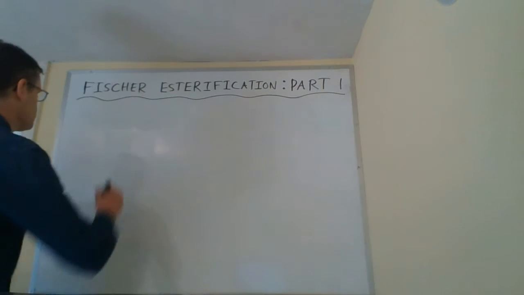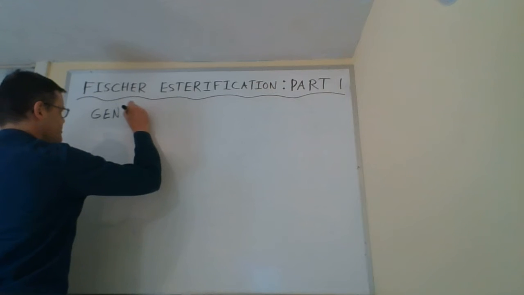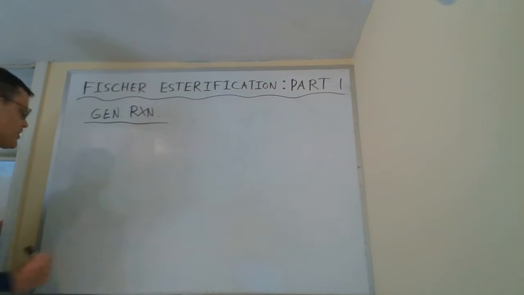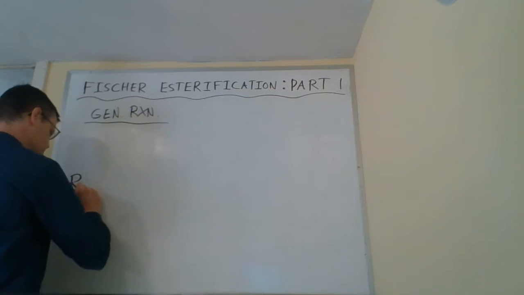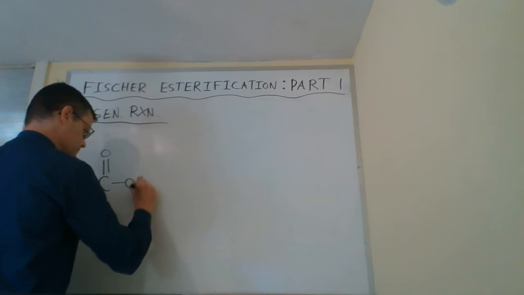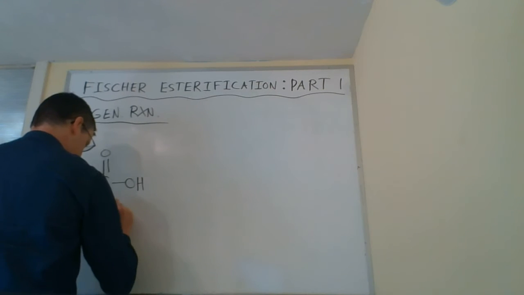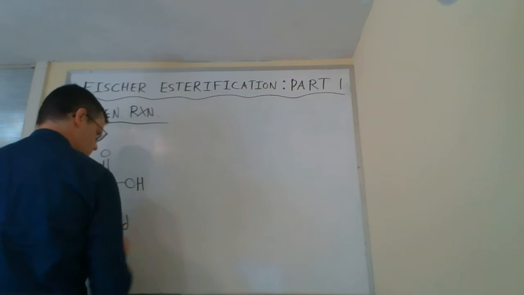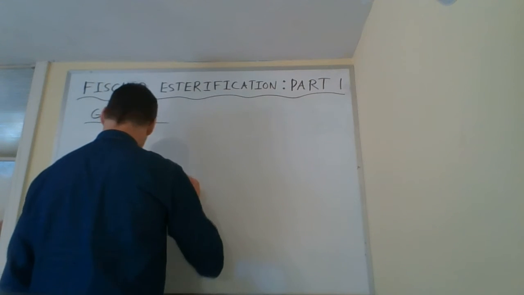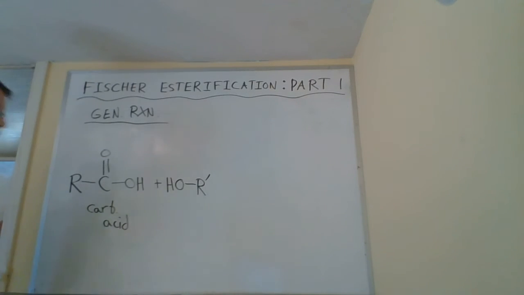Our general reaction of a Fischer esterification is we're going to take a carboxylic acid. There's our carboxylic acid, and that's going to react with an alcohol, make this R prime.